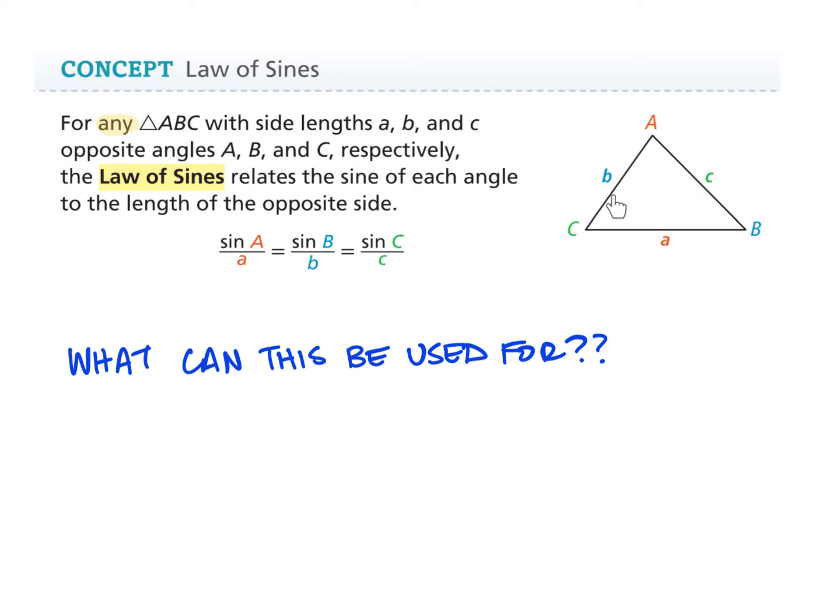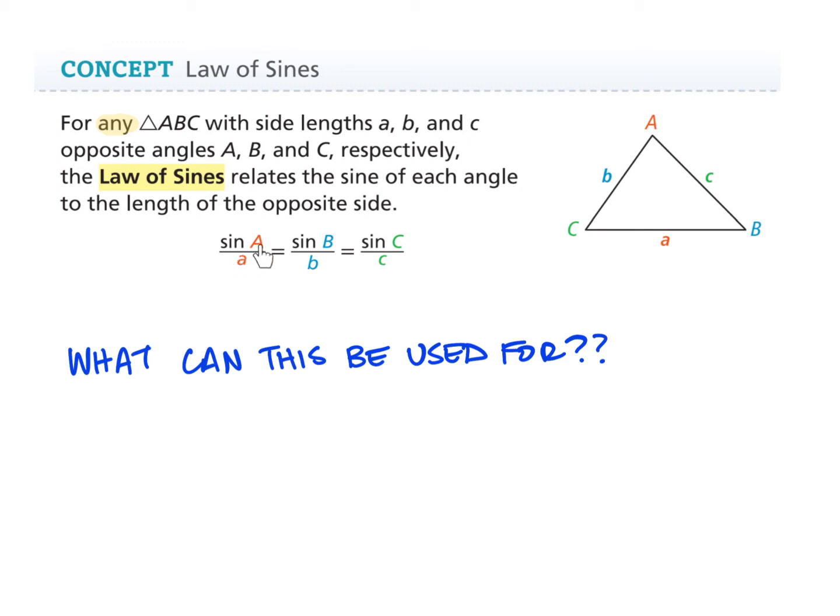So for any triangle, when we think about its angles and sides this way, the law of sines relates the sine of each angle to the length of the opposite side. So it shows a relationship between sine A and length A, sine B and length B, sine C and length C. And that relationship is shown here. It's basically three ratios that would all be equal, three fractions, where we put the sine of each angle in the numerators, sine A, sine B, sine C, and we put the lengths of the opposite sides from each angle in the denominators.